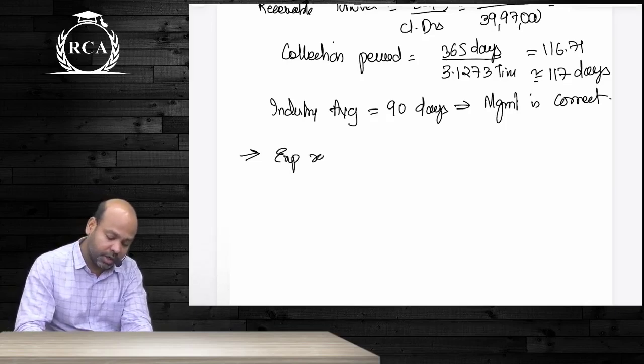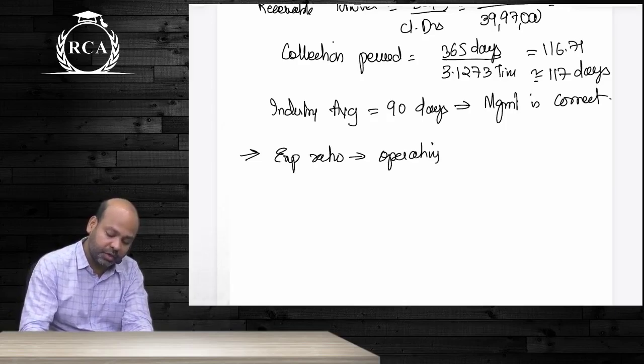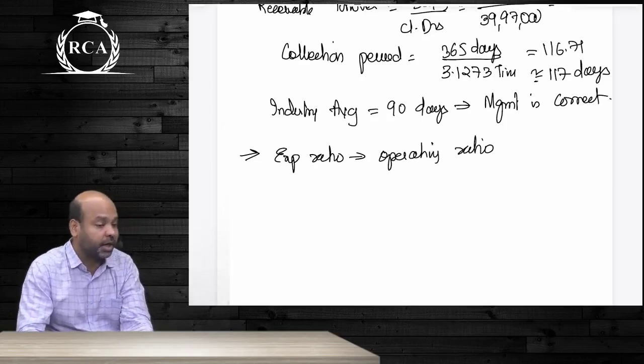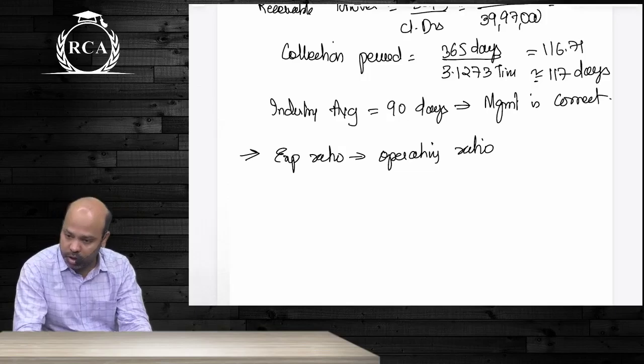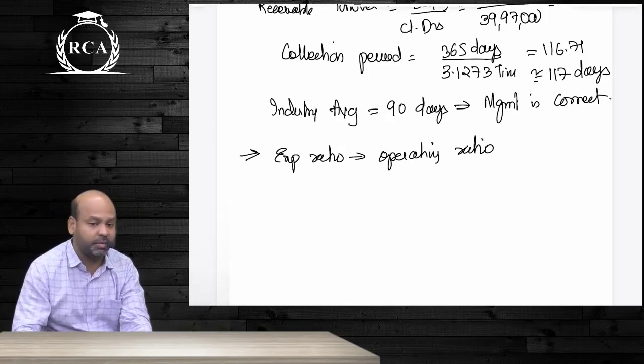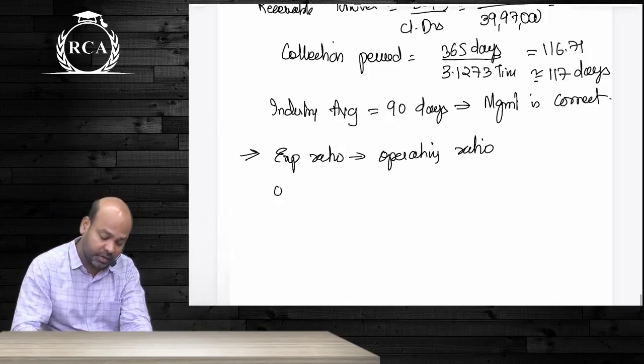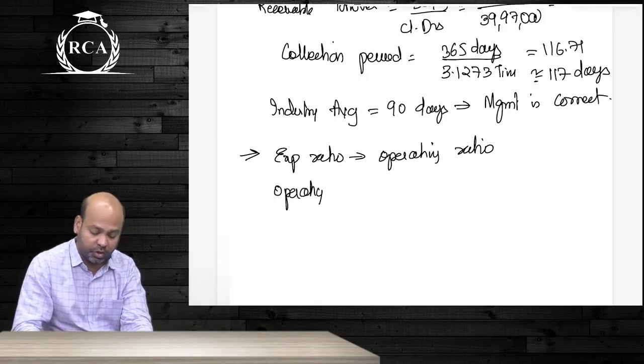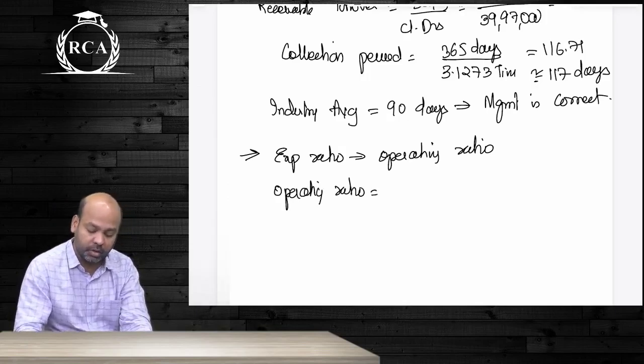We have one more bit, guys, the expense ratio. What are they talking about? Operating ratio. Operating ratio can be written as 1 minus operating profit, or you can also write cost of sales divided by sales. Yes or no, kids? So your operating ratio will be equal to cost of sales by sales.